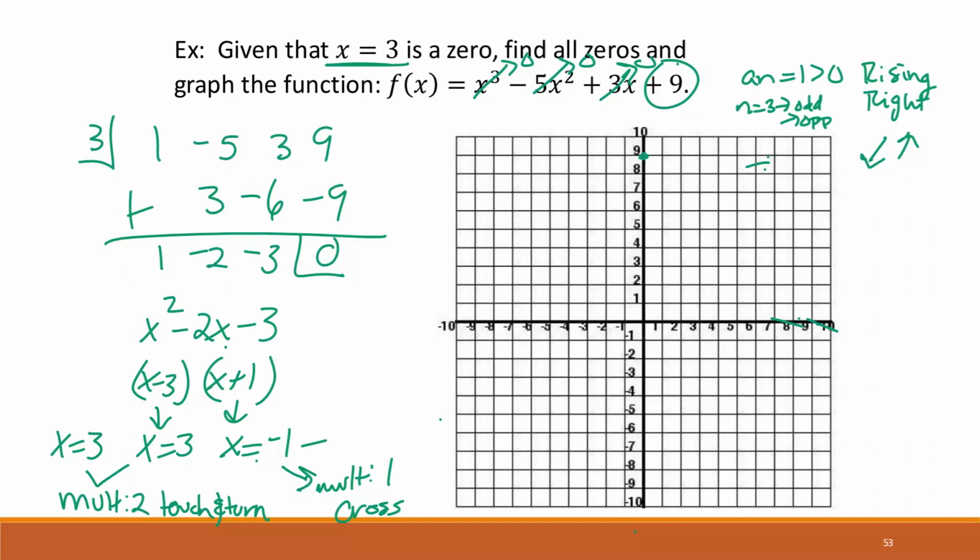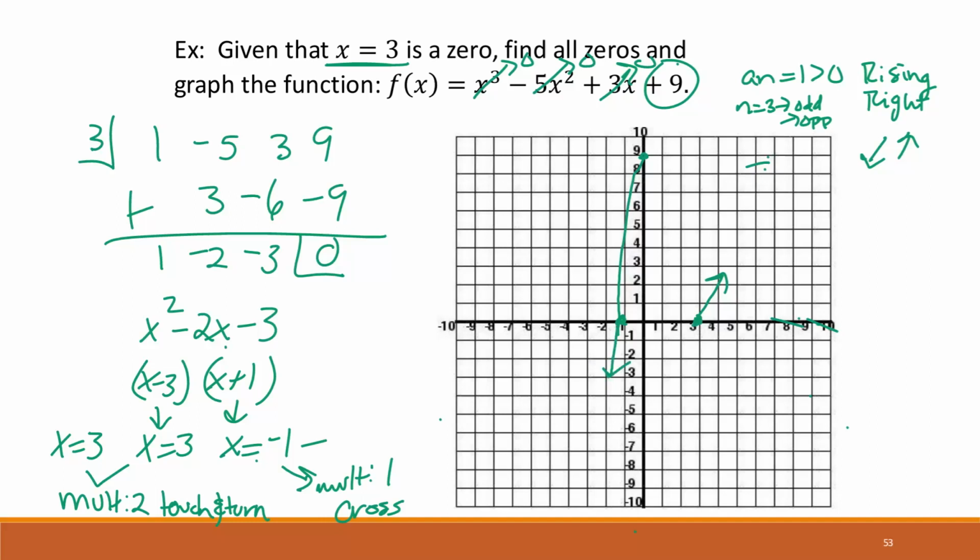We have a point at x equals 3 and a point at x equals negative 1. We know that this one's going up and this one's going down. We know that we cross the x-axis at negative 1. So let me put my arrow going down like that.